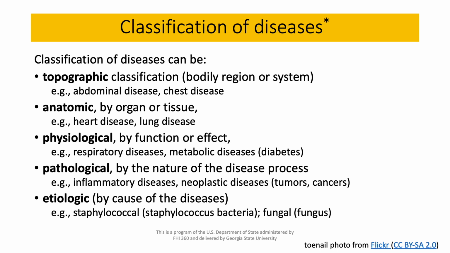For example, if you have the staphylococcal disease, those are the diseases that are caused by the staphylococcus bacteria. And the fungal disease are diseases that are caused by fungus, like toenail fungus, for example.